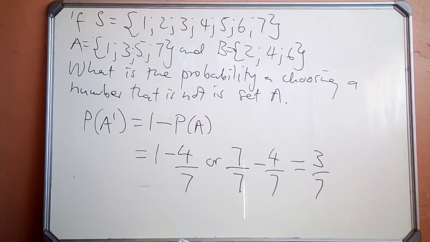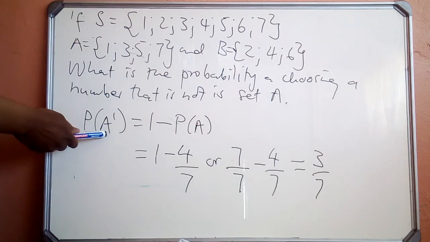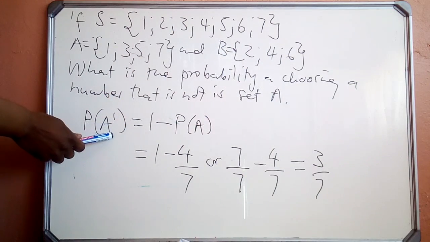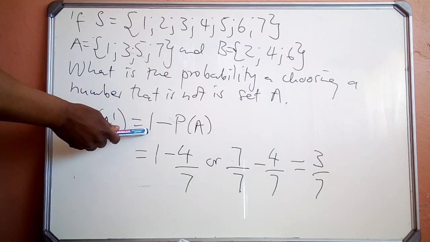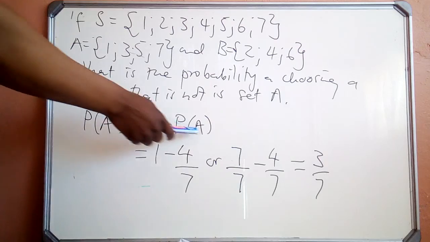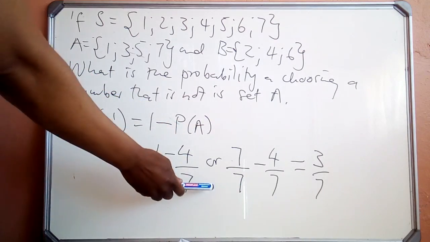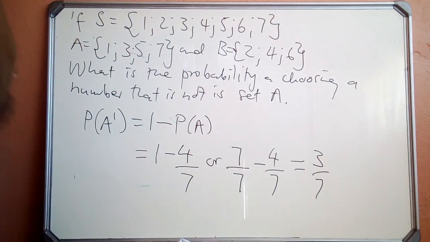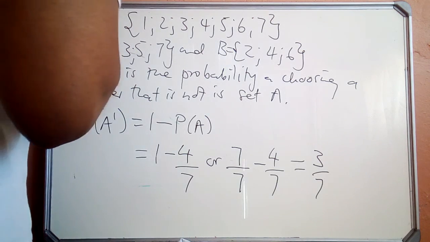So the probability of not choosing a number that is in A is 1 minus the probability of a number that is in A, which is 1 minus 4 over 7, or 7 over 7 minus 4 over 7, which gives us an easy 3 over 7. Now let us quickly look at a different question.